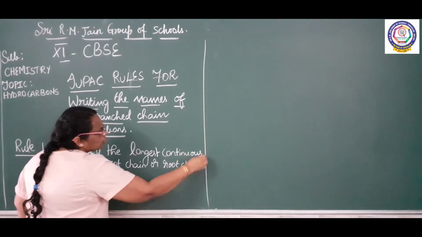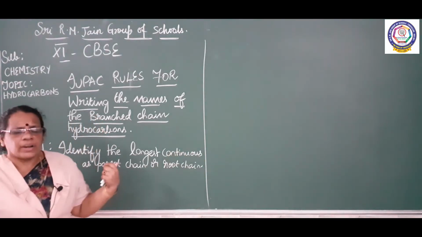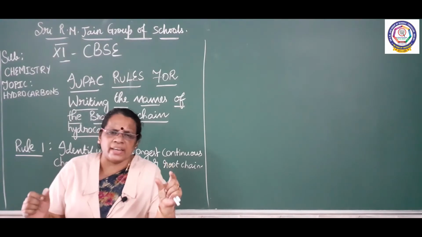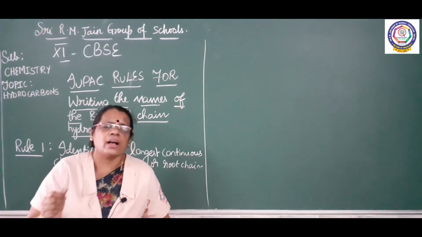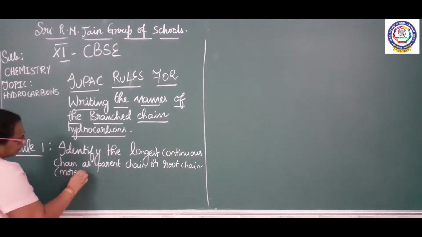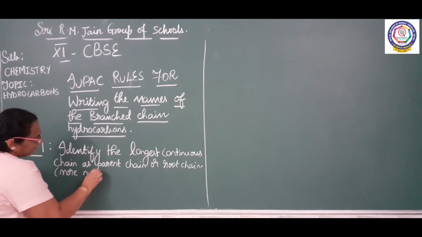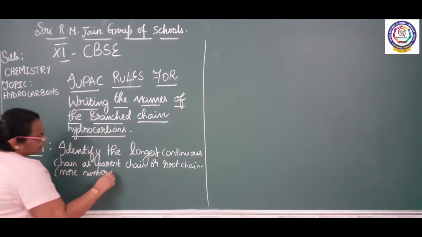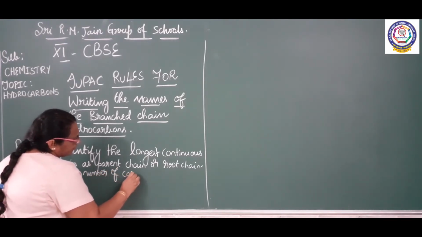So what is the first rule? Identifying the longest continuous chain, that can be called a parent chain or root chain. How will you identify the longest chain? The chain which has more number of carbon atoms.